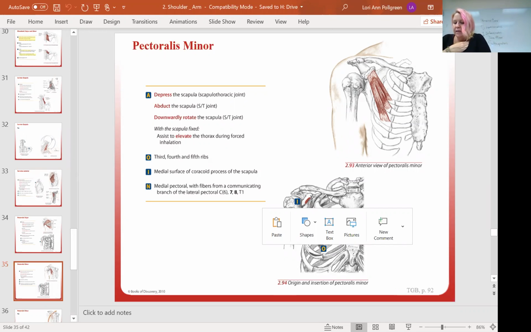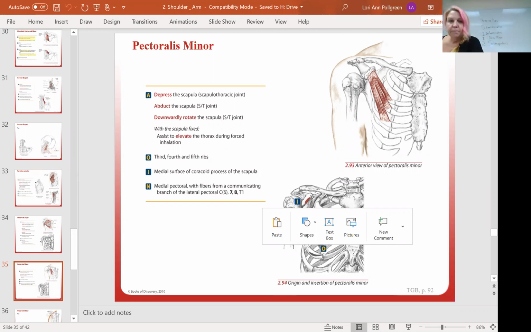So that's why it depresses the scapula, pulling it down. It also abducts the scapula because we're on that coracoid process, which is on the lateral side of the scapula. It assists to elevate the thorax during forced inhalation, as we talked about.